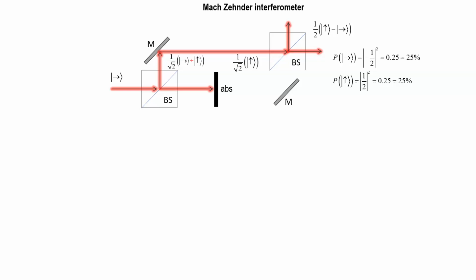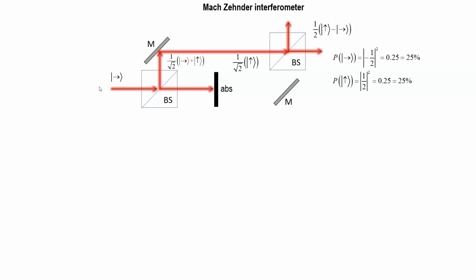And if 50% of the time a single photon is absorbed by the detector over here, the other 50% go through the system and are again split by the second beam splitter into two possibilities, and each gives 25% of the probability.